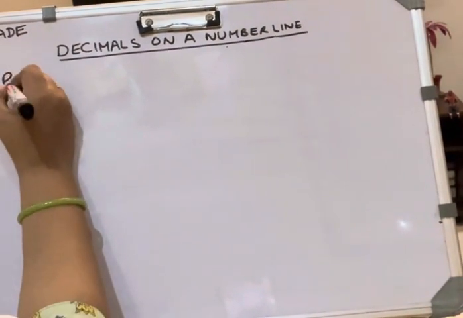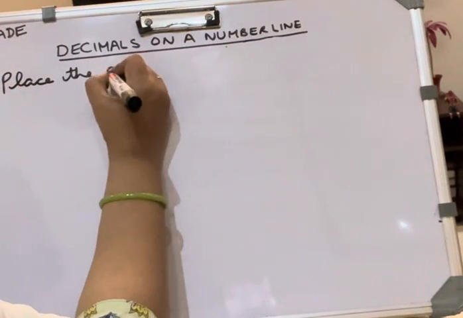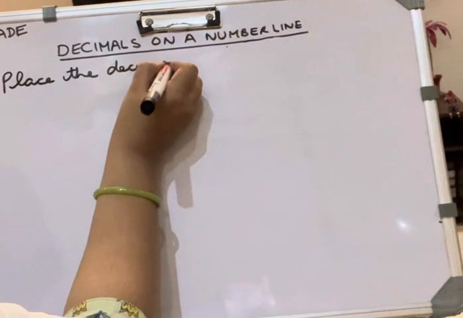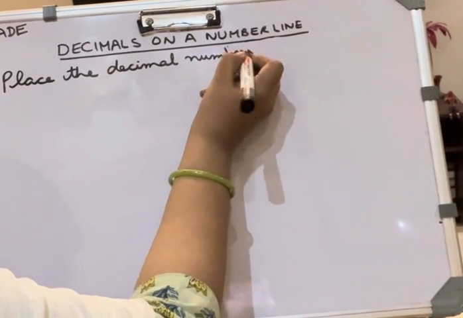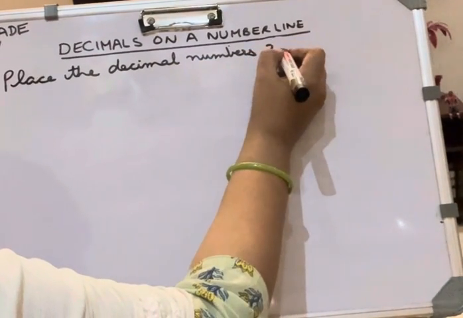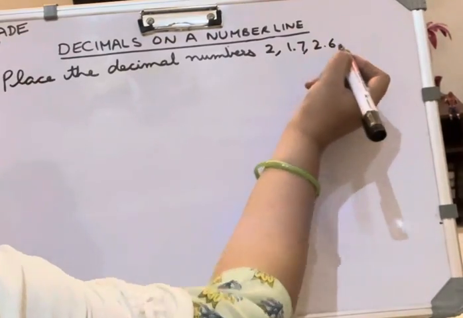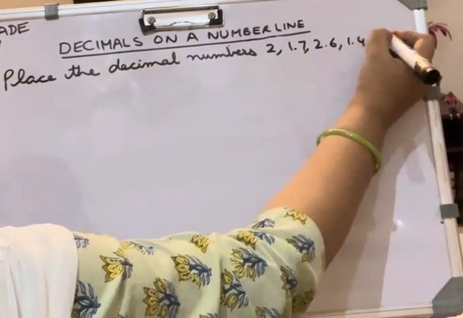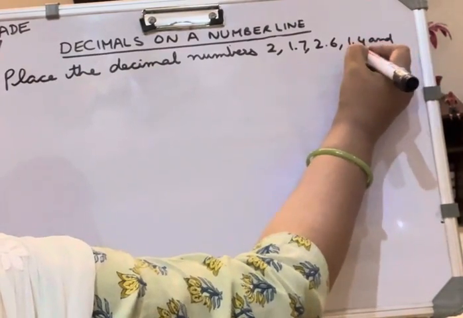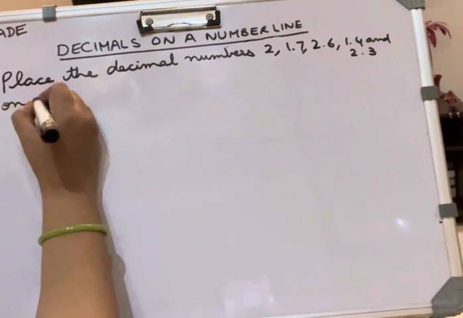Place the decimal numbers 1.7, 2.6, then 1.4 and 2.3 on a number line.